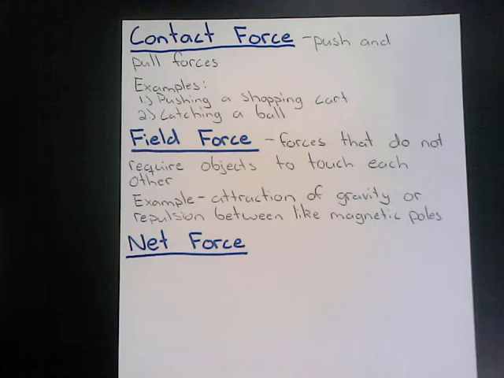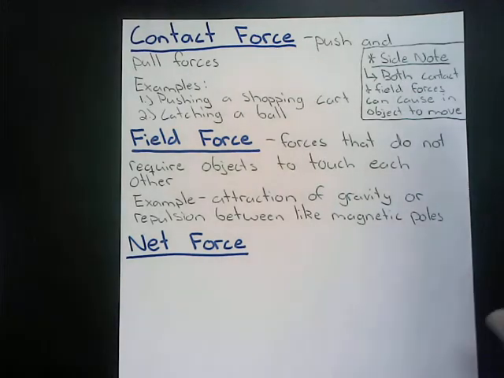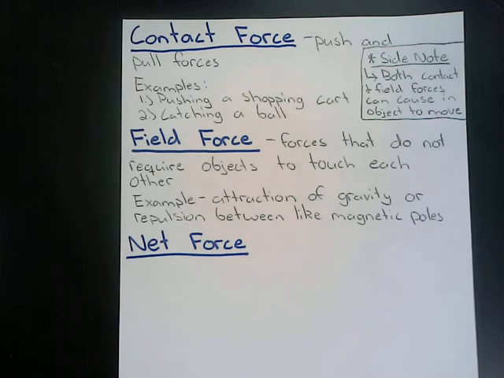And just something to note here, both contact and field forces can cause an object to move or stop moving. Again, I just ran out of a little bit of room here, but both contact and field forces can cause an object to move, and also they can cause them to stop moving.